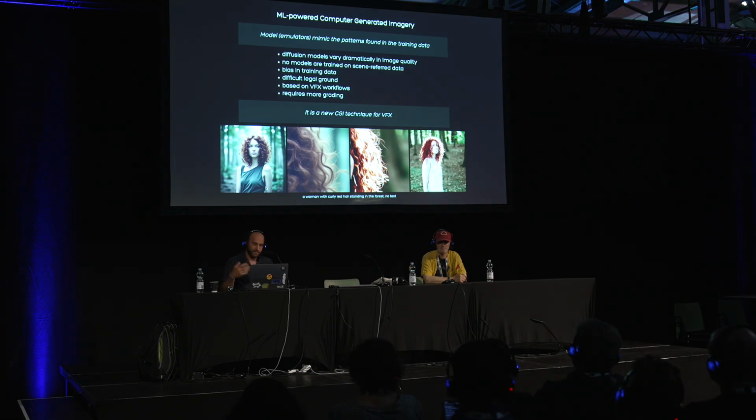So we can see that these emulators reflect the pattern in the data. To my knowledge, no models that are available are trained on scene-referred data. That means now with the transition to digital, we have the luxury of really good image quality, which relates very closely to the energy on set coming from digital cameras.